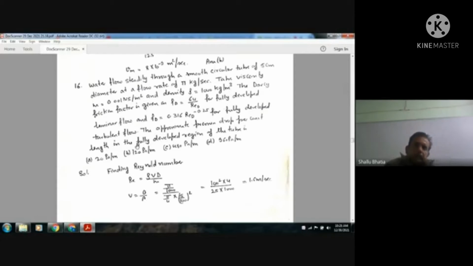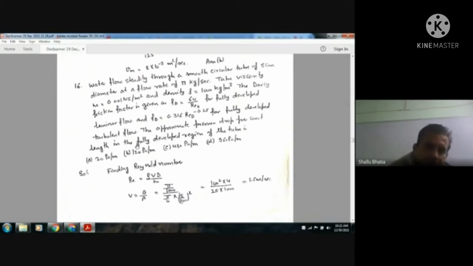Water flows steadily through a smooth circular tube of 5 centimeter diameter at a flow rate of 5 kilogram per second. Take viscosity mu is equal to 0.001 Newton second per meter square and density rho is equal to 1000 kilogram per meter cube.